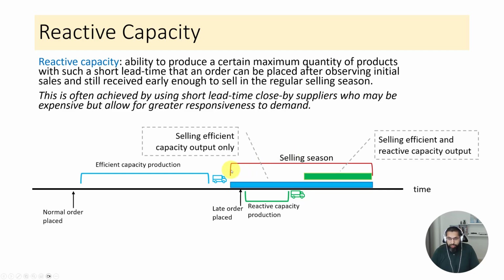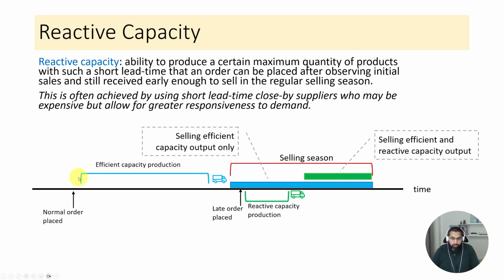Okay, so you can see well before the red bracket starts out here, we can place an order, and we have to place an order early enough that we have enough time for our lead time to happen and our goods to arrive before the selling season starts. So you'll notice that this blue bracket, which is labeled efficient capacity production, this is the time your regular efficient, by efficient I mean cost efficient, it's cheaper, capacity takes.